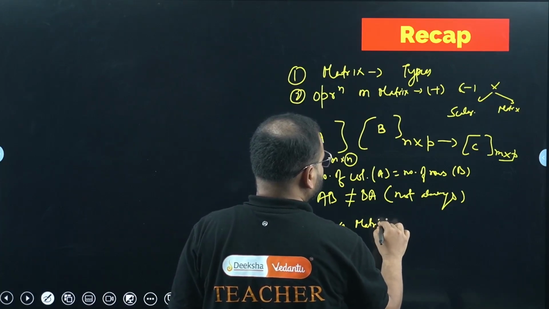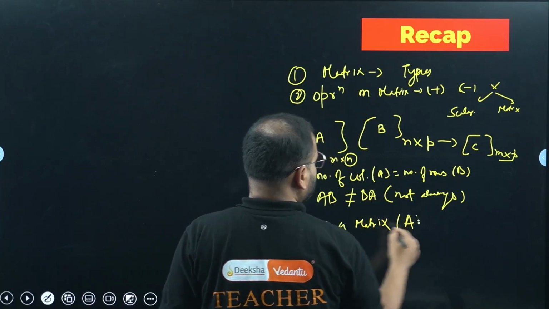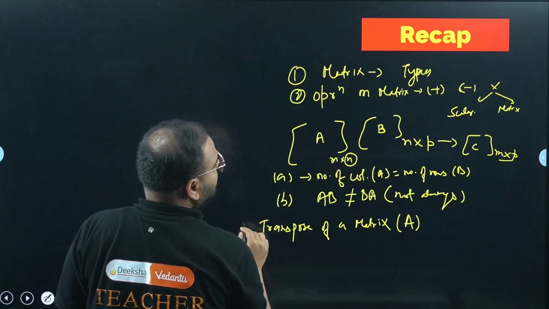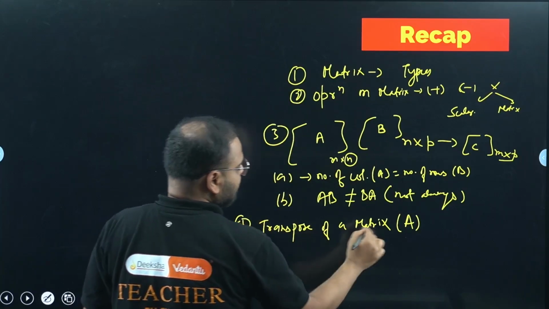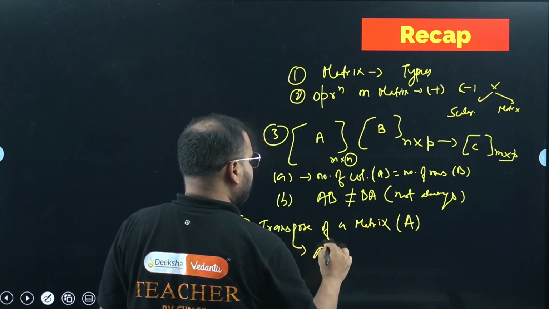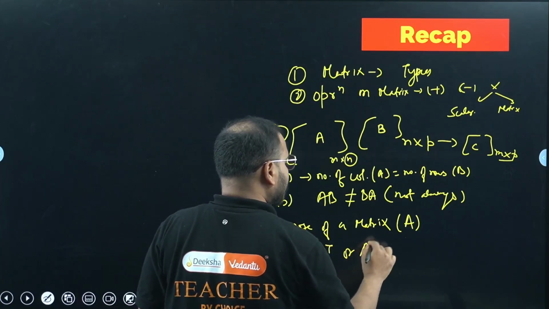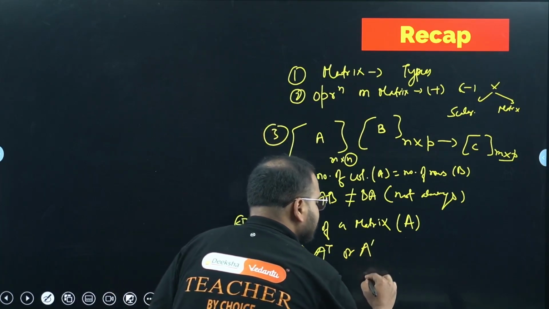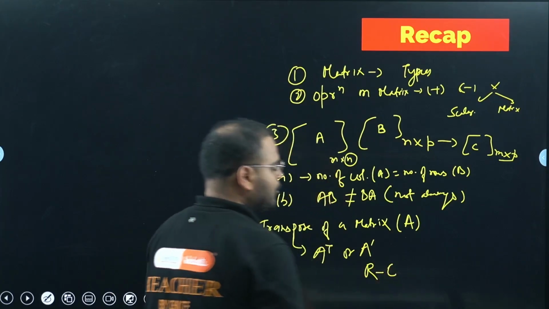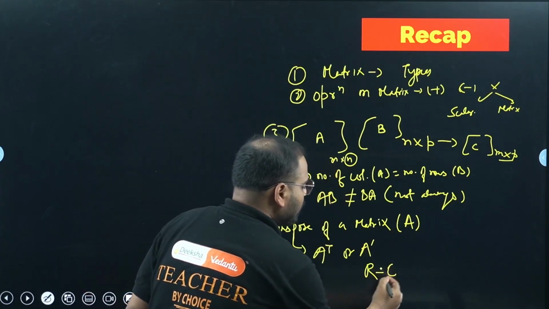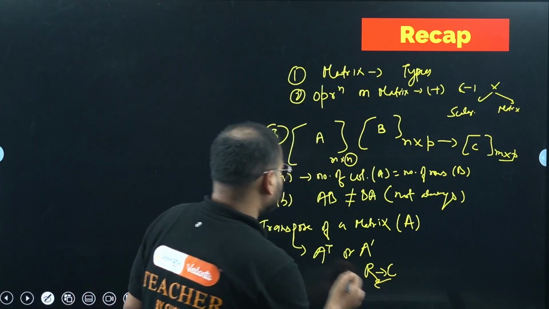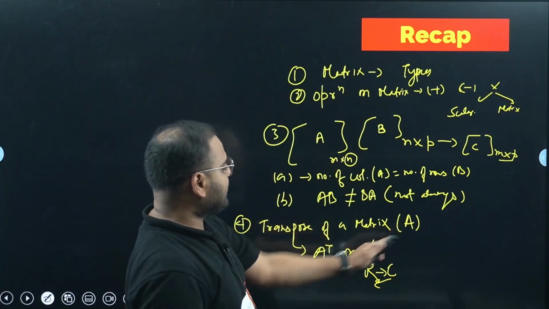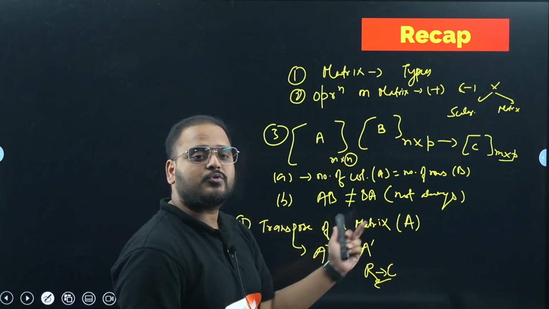The notation was, if the matrix A is given, the transpose is written either as A T or as A dash. How did we do that? By interchanging rows and columns. We make the rows into columns and the columns into rows. This is the matrix transposition.